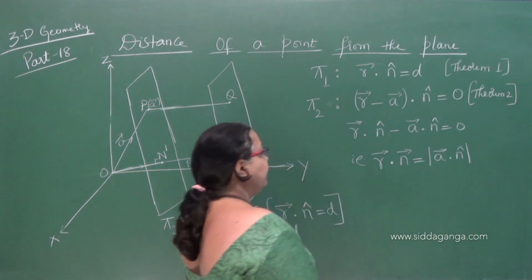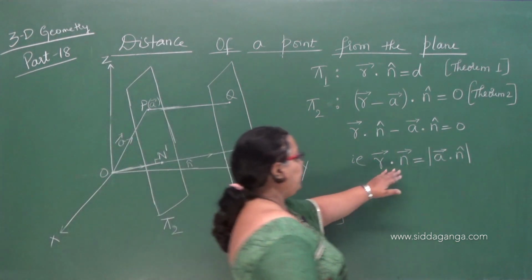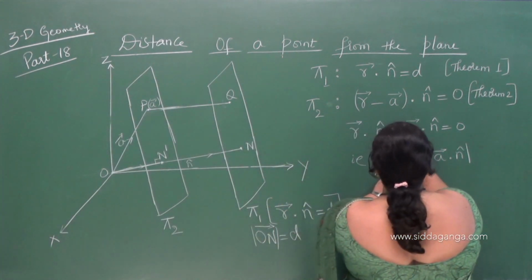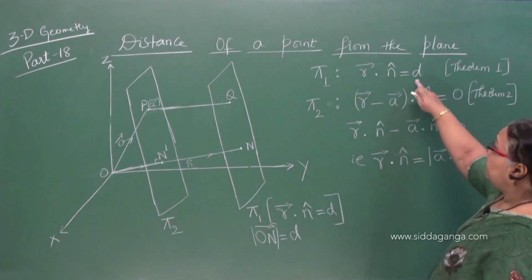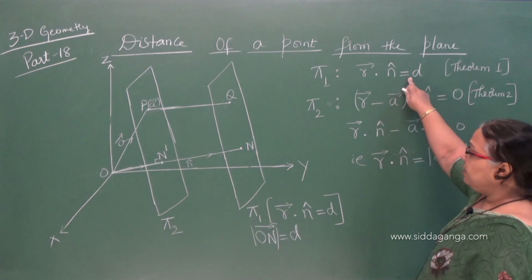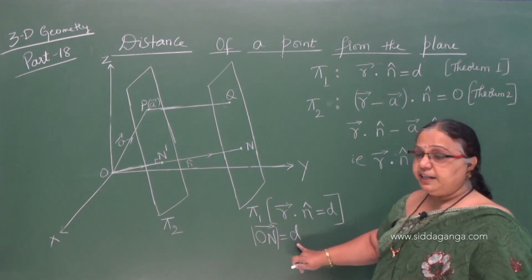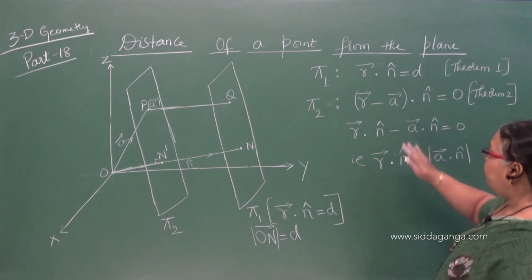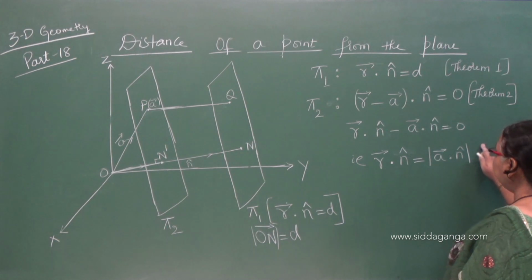So now according to this, here in the first plane, the magnitude of vector ON is nothing but D, and in the second plane, this represents ON dash.